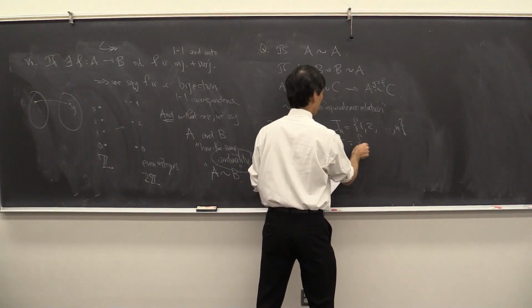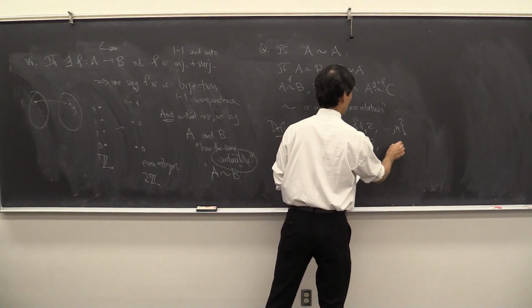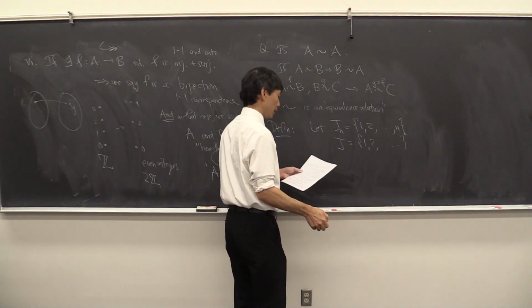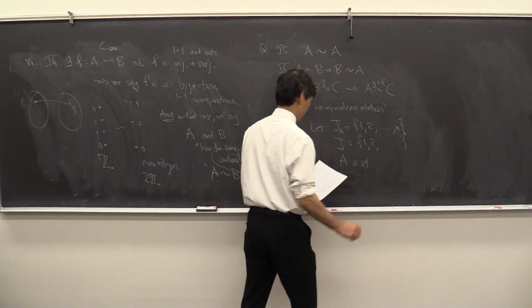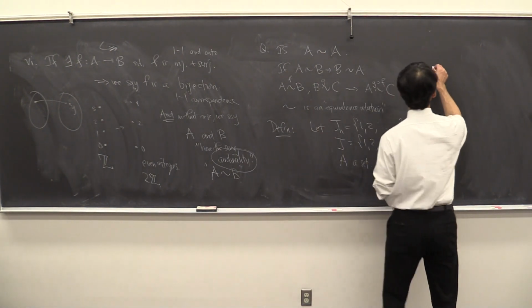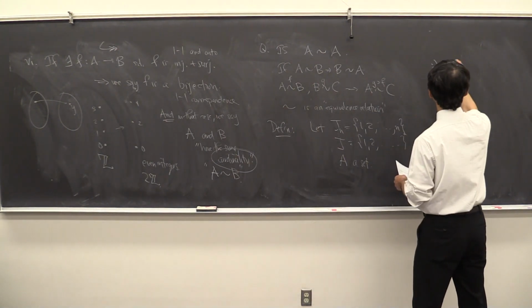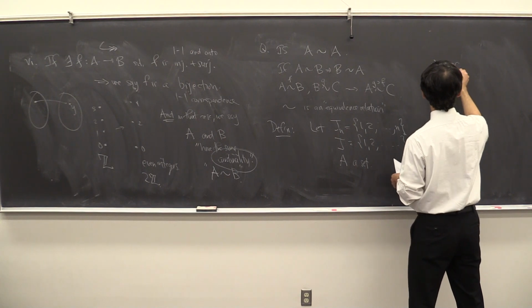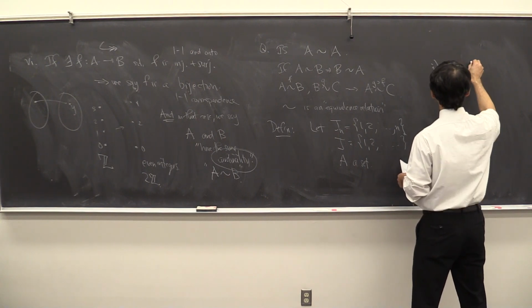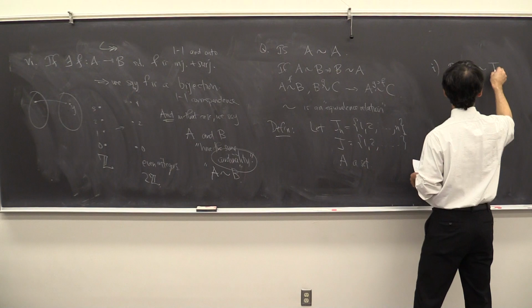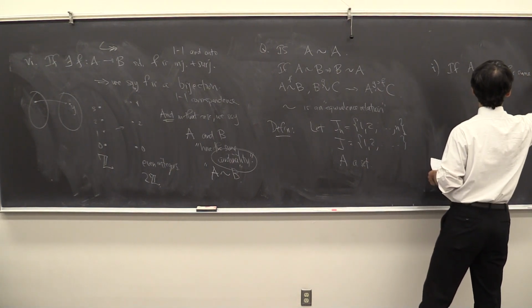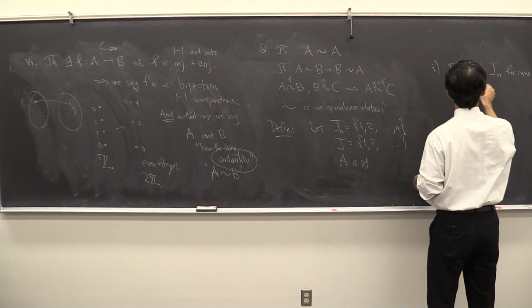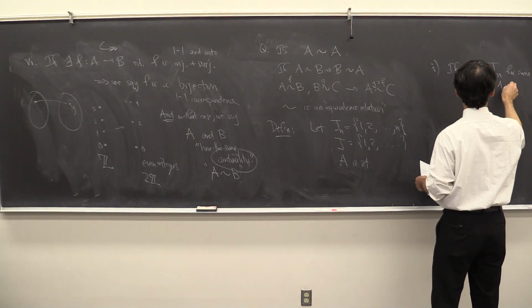Let J be the natural numbers entirely. And A some set. First off, if A has the same cardinality as J sub n for some n, we say A is finite.